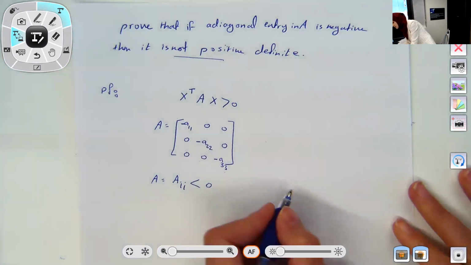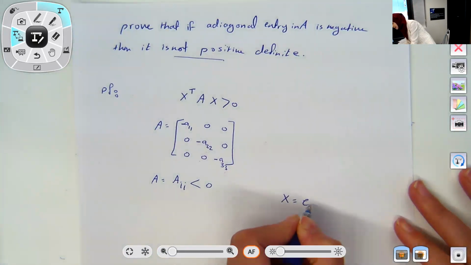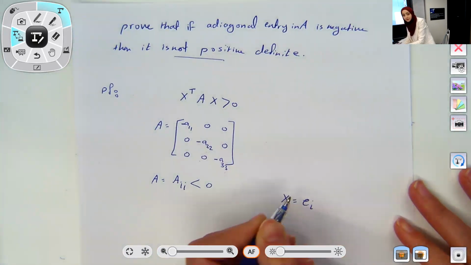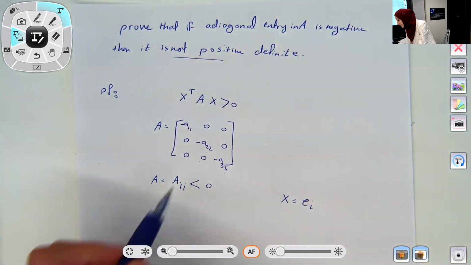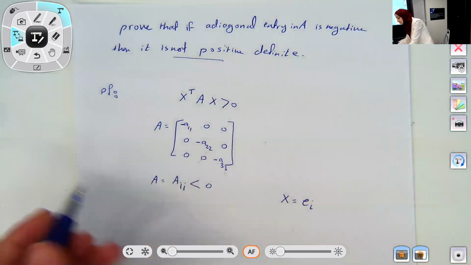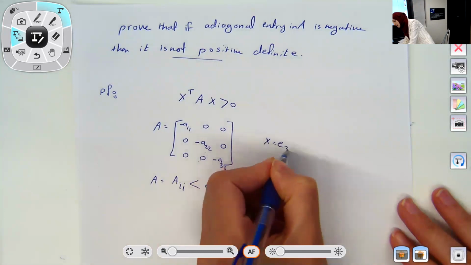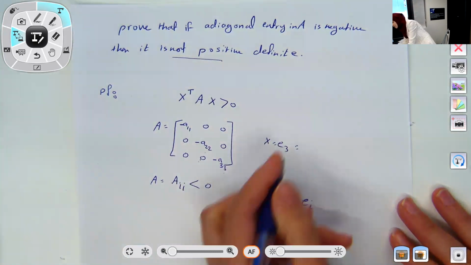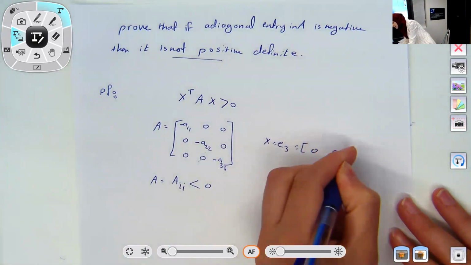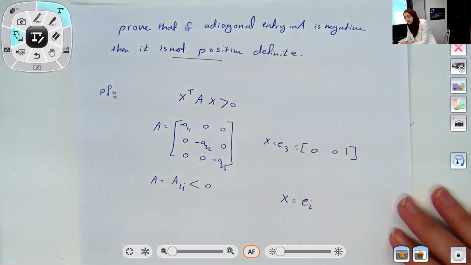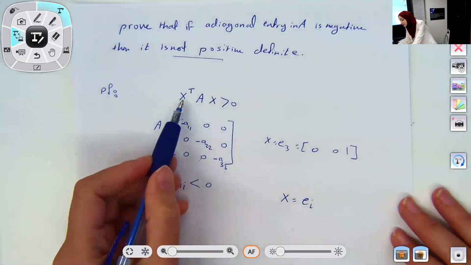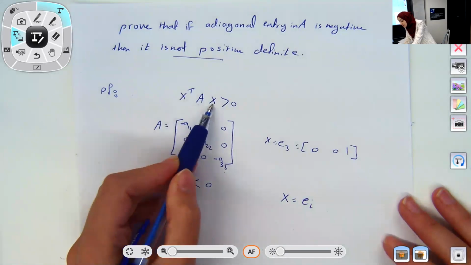Suppose that we choose the vector x equal to e_i, which is a unit vector. For example, here we have a 3 by 3 matrix, and we choose x equal to e_3. The vector e_3 is equal to (0, 0, 1). Now let's substitute and find x transpose times A times x.